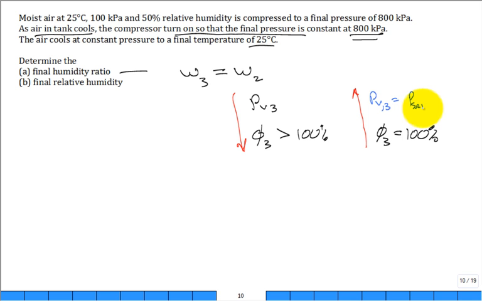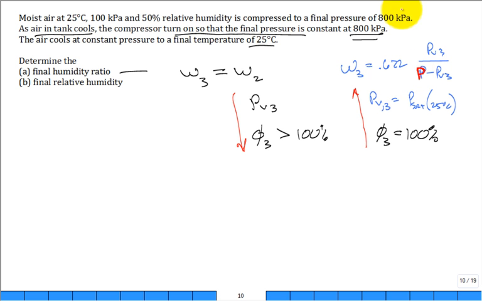Psat at the 25 degrees C, isn't it? And then what is omega 3? All we do is use the same equations back and forth again, right? 0.622 PV3 divided by P minus PV3. But what is that P right there?